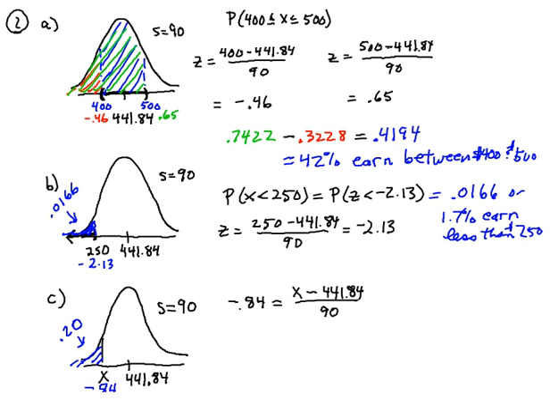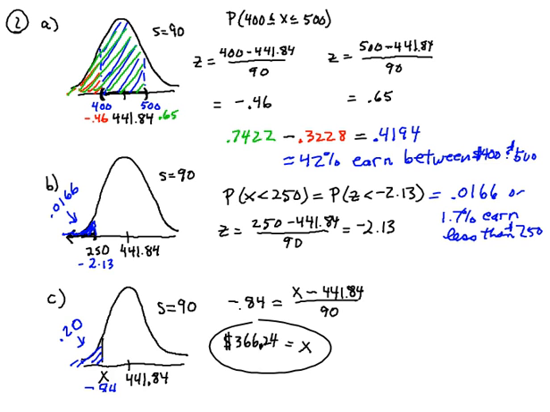Now if I multiply both sides by 90 and add 441.84, I'm going to get x equals $366.24.